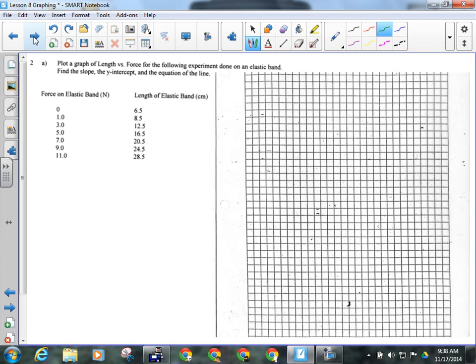Now, here's what we're going to have. The force on the elastic band is going to be our manipulated variable. This is going to be our responding variable. Can you not see the lines through?